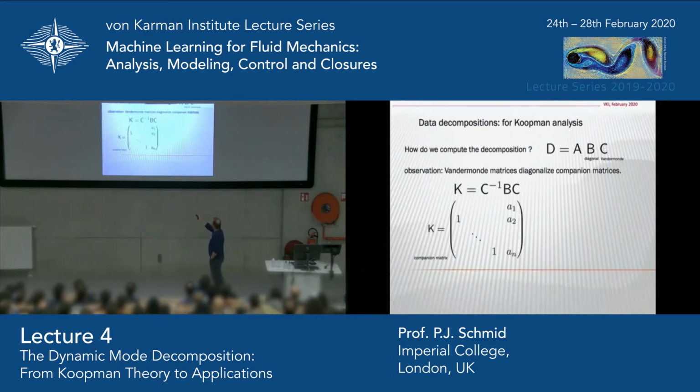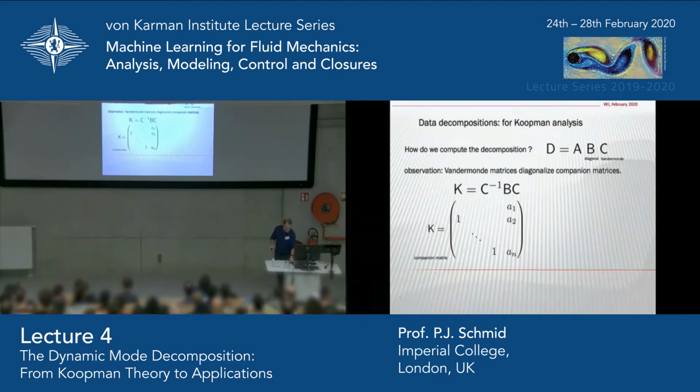If I have a diagonal matrix B and I put a Vandermonde matrix on both sides like a similarity transformation, and choose the Vandermonde matrix properly, I can turn it into a companion matrix that has this shape. It has zeros everywhere except a subdiagonal of 1s, and the last column is filled with coefficients. So there's a nice link between those two matrices.